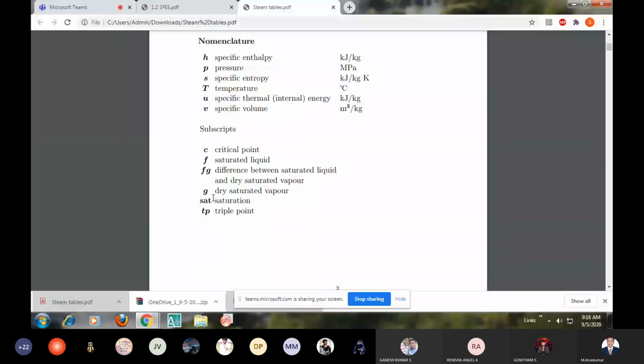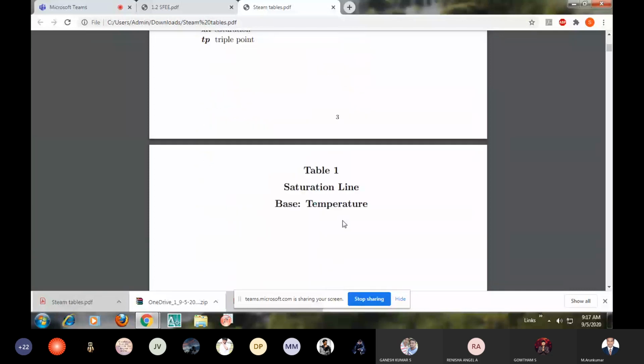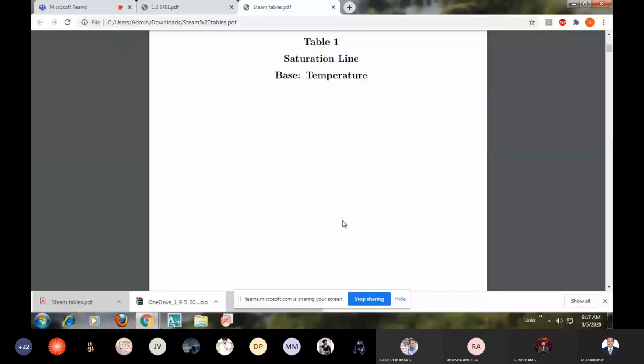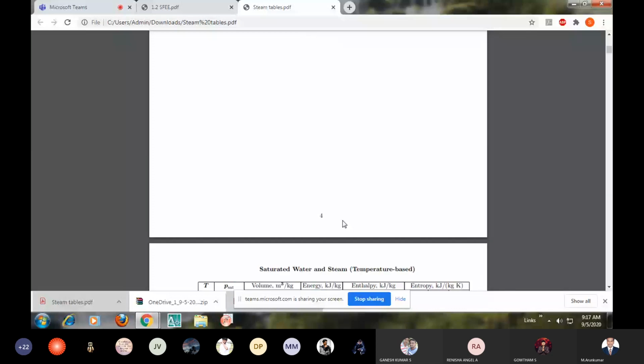Why do we need this? Because we are using steam or vapors as a working medium for thermodynamic processes, so we need to understand steam tables and the properties of steam. Then tp denotes triple point, and sat means saturated. So this is about steam tables.